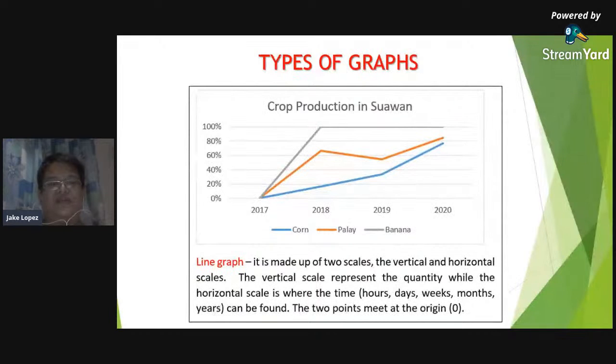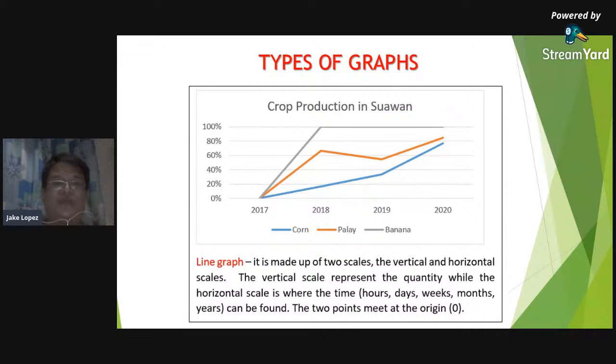This is the horizontal scale, 2017 to 2020, and the vertical is 0% to 100%. The points meet at the origin, zero, wala kasing data. Dito tayo nag-start sa 2017. As you notice, the lines go up. There's a gray, an orange, and a blue line. The corn is represented by a blue line, the orange is the palay, and the gray is the banana. In this graph, you can see that there is an increase of production, as in the title.